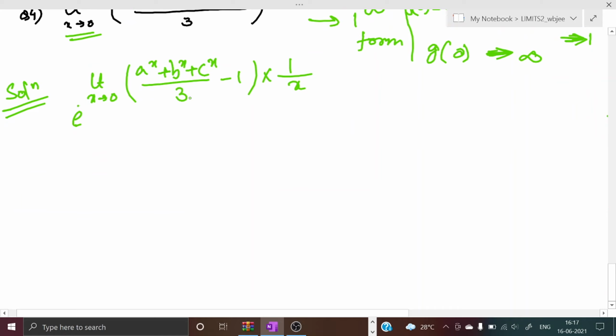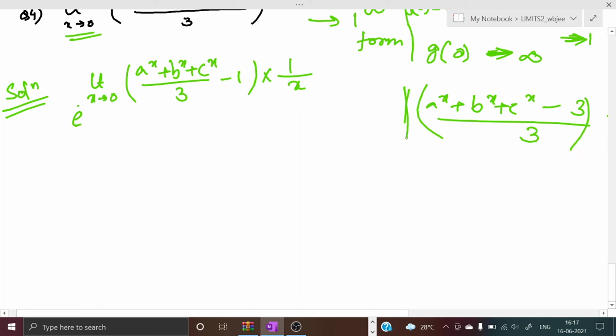When you take the LCM, what you will get? a to the power x plus b to the power x plus c to the power x minus 3, by 3, right? Now how I will apply this comes due to pure practice, and you have to apply your brain as well.